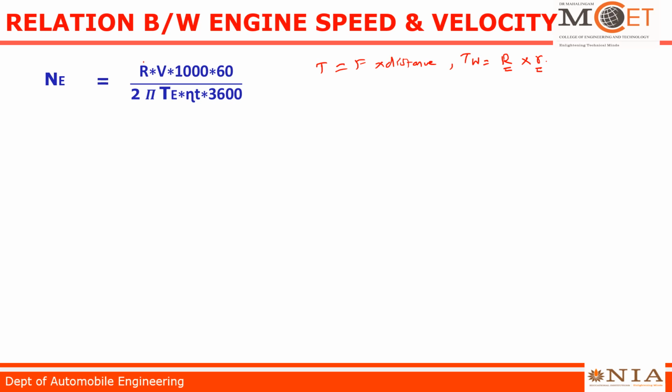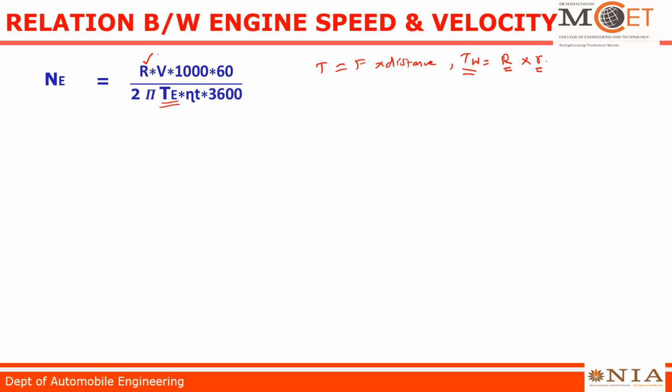Here we have capital R, that is the resistive force, but we don't have the wheel radius to make it TW. Because we have TE in the denominator, if we bring in TW, it will be better to solve the formula. So I multiply this equation.